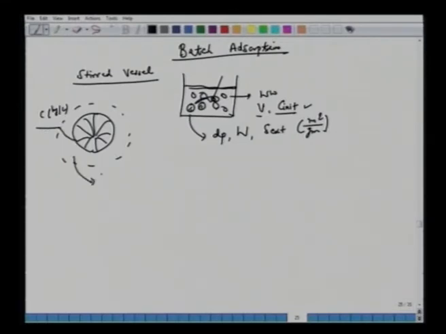This is given by Km or KL, the mass transfer coefficient, which is a function of Reynolds number and Schmidt number. We have done it before. This Reynolds number will be based on the RPM of this stirrer. So essentially all the drop occurs in this film, and inside there is no drop.